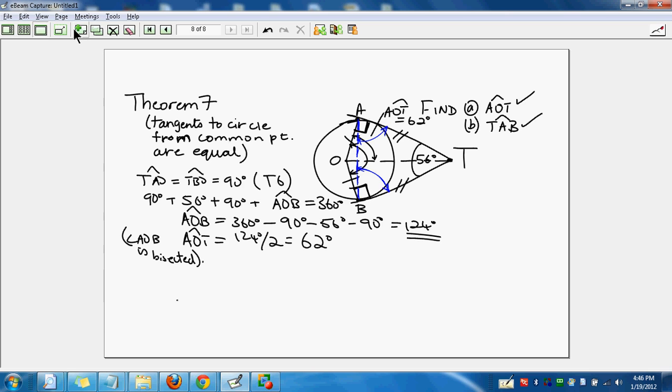Remember we said isosceles are common, they keep coming back, and you keep looking for it. TAB, that triangle that I'm talking about, will be isosceles because TA is equal to TB. And if TA is equal to TB, it means that the base angles are these two, and those will be equal.